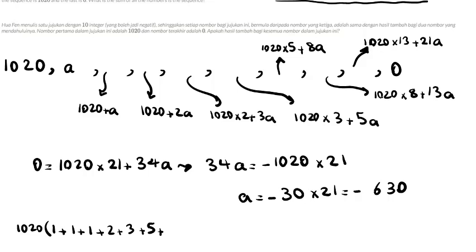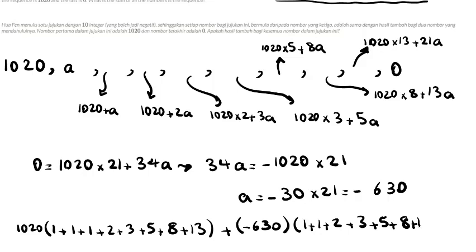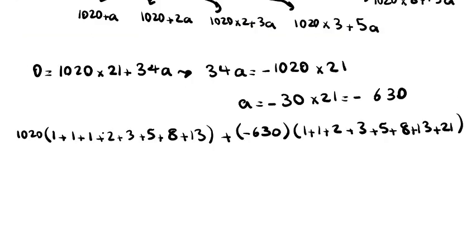Now if we add up these numbers, so here in both of them is the same 1, 1, 2, 3. So let's add up 13 plus 8, 21, 26, 29, 31, 32, 33. Because it is 33, we say this times 34 minus 630 times. This part is 33, 33 plus 21 is 54.